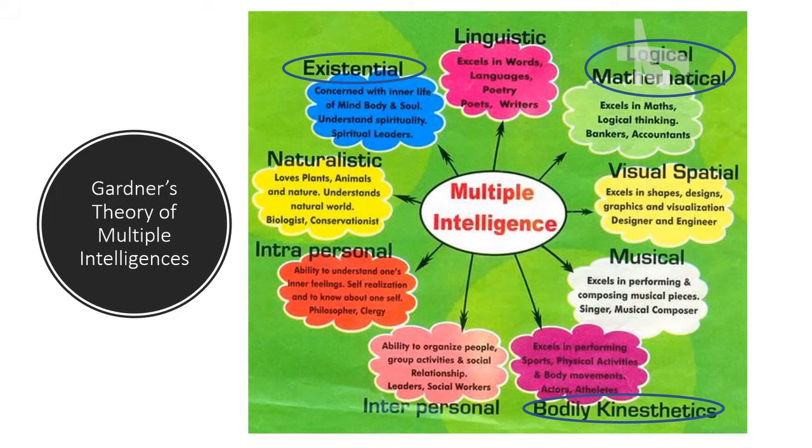So in this one we can see there are different categories inside the multiple intelligence, and the circled ones, that is logical, mathematical, bodily kinesthetic and existential, are the important ones that are repeatedly asked in exams. This can also come as a 3-mark question.